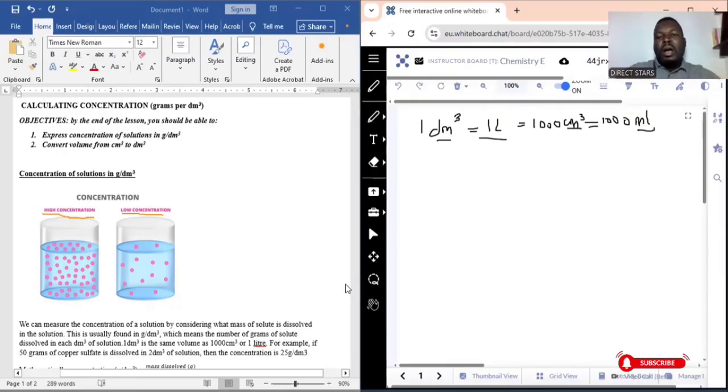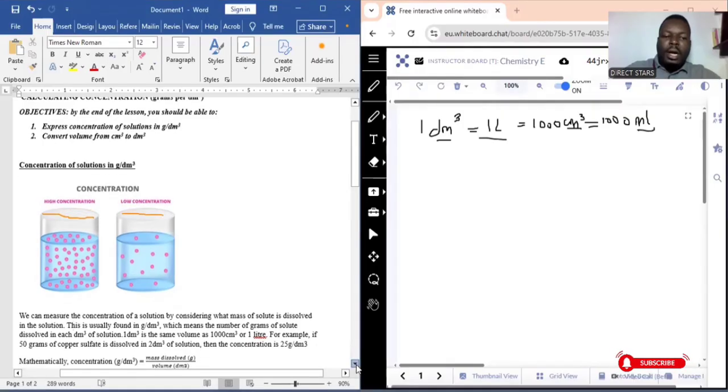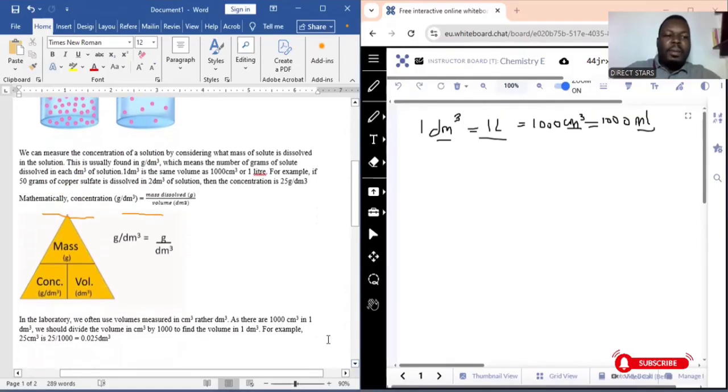Let's take, for example, how do we calculate the concentration of 50 gram of copper sulfate in 2 dm cube solution? That brings us to this formula here.